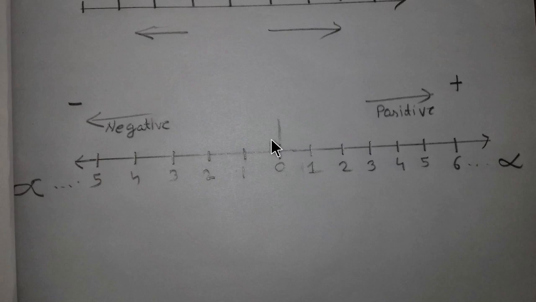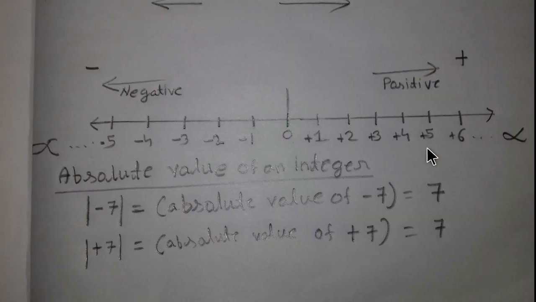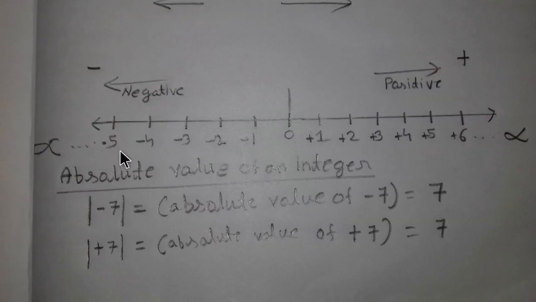And if you move to the left hand side of the 0, the same numbers will be repeated accordingly, 1, 2, 3, 4, 5, but they come with a negative sign and the values will decrease.